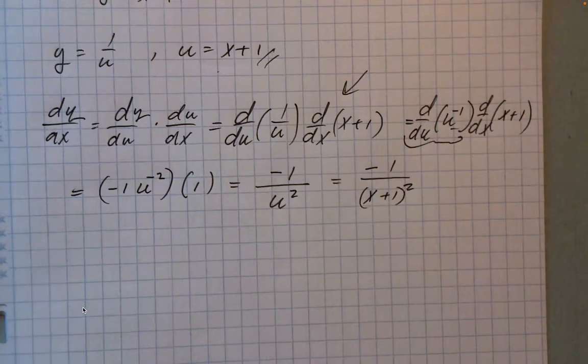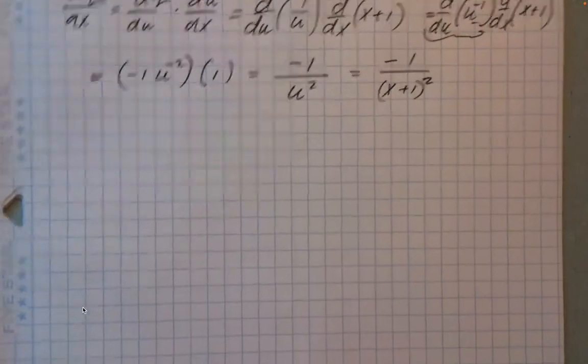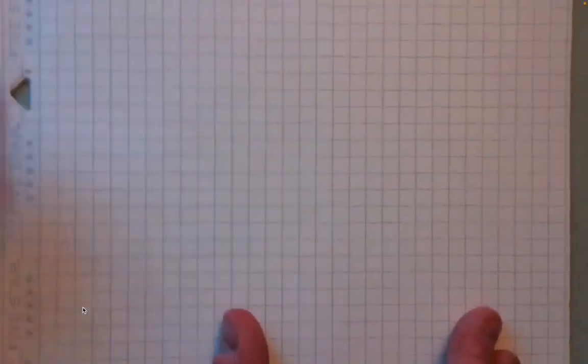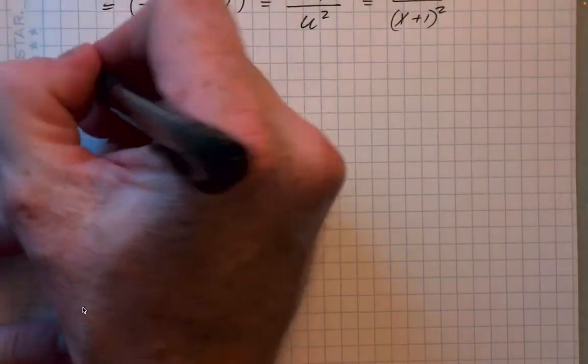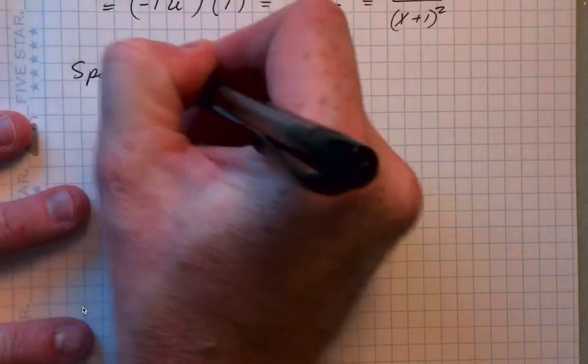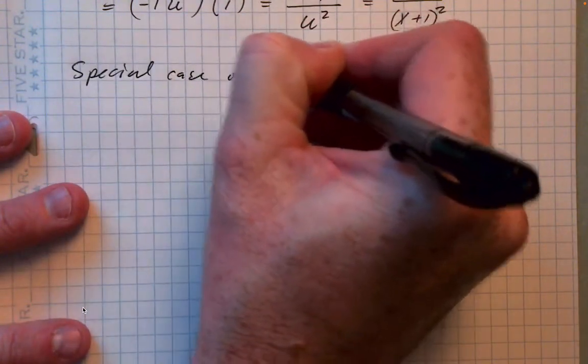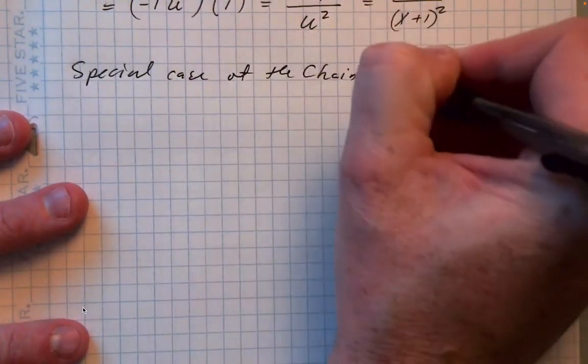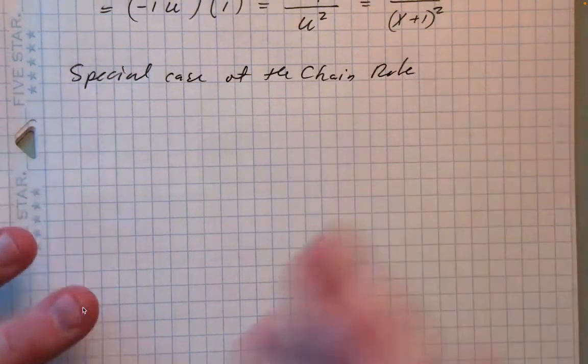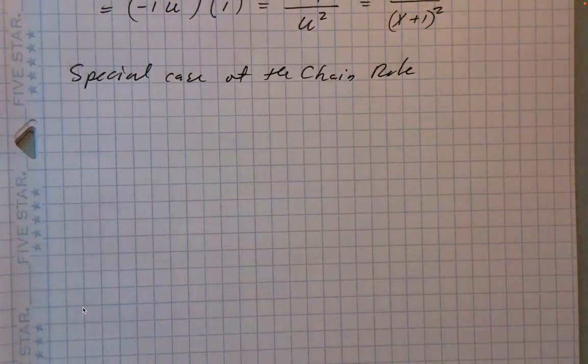Let's talk next about a special case of the chain rule that is very frequently used, which a lot of books will allocate a theorem to.